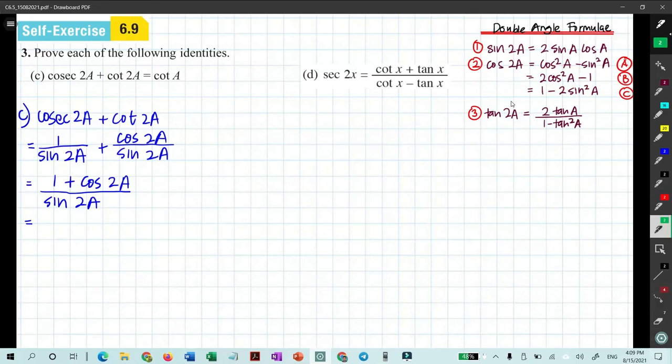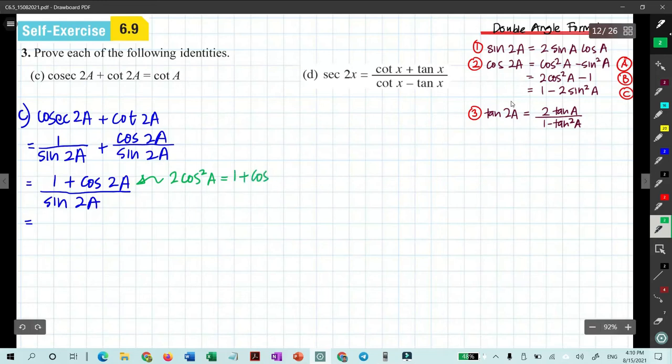So I'm going to replace 1 plus cos 2a with 2 cos square a. So 2 cos square a divided by sine 2a, which can be expressed as 2 sine a cos a.